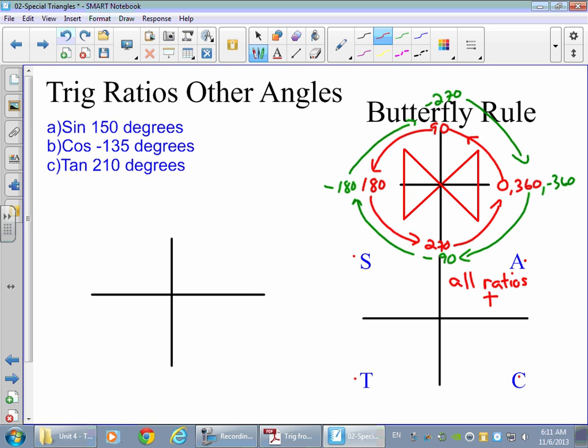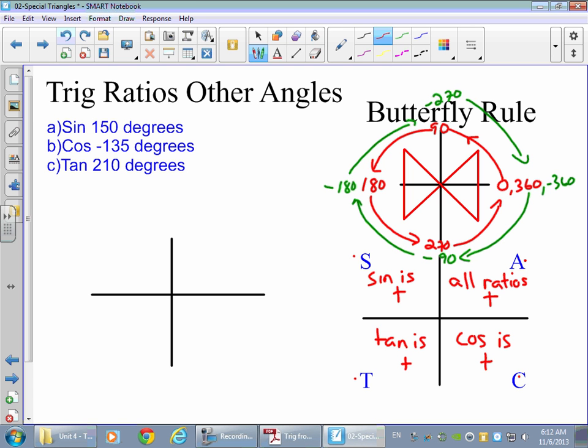Over here, sine is positive, and only sine is positive. So for something in the range between 90 and 180, sine is positive, the other two are negative. And here, of course, tan is positive, and over here, cosine is positive.